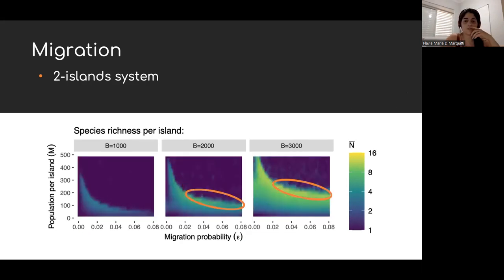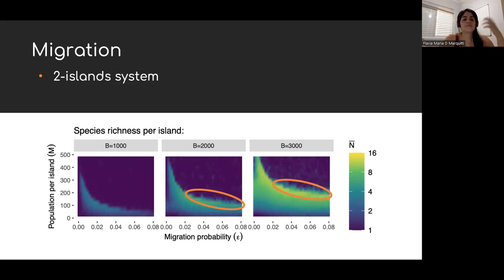But then we observed that the richness of species per island was also high under a greater value of migration probability. And we wanted to understand better what was happening. So we were making individuals go from one island to the other very many times, or with a high probability. So we were increasing the gene flow between these two islands, and we were not expecting that under this situation we would even form species, but the species were being formed.